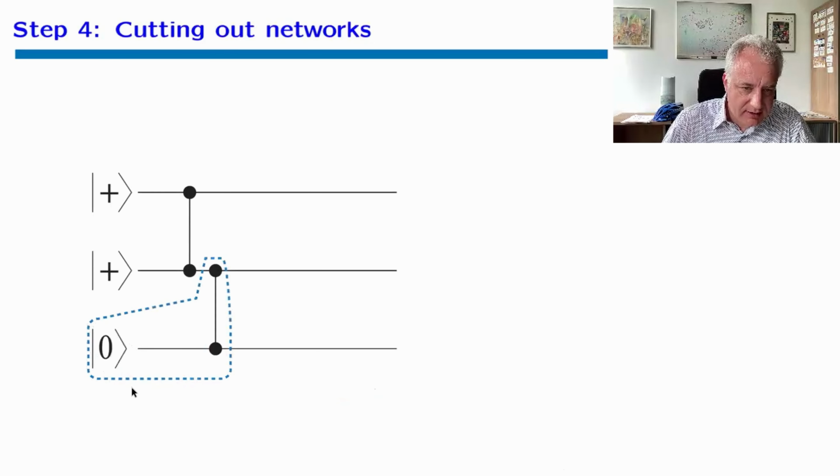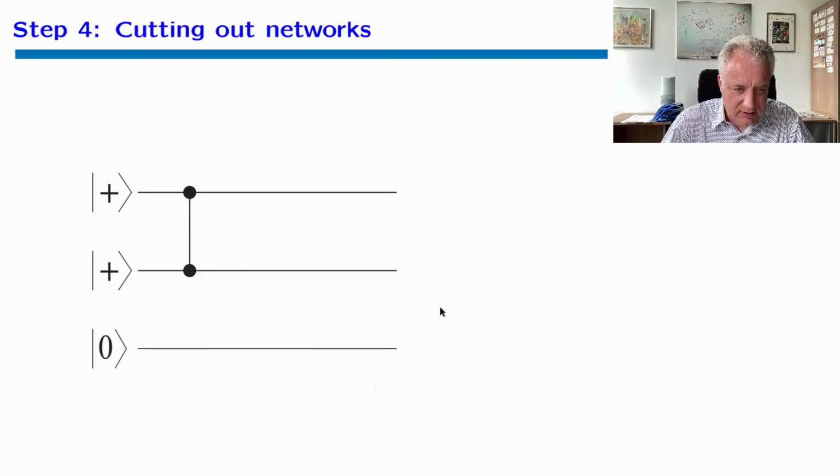Next thing we look at is what this does. We have a conditional phase gate with a qubit that is in state 0. So this conditional phase gate doesn't do anything when that qubit is in the state 0.